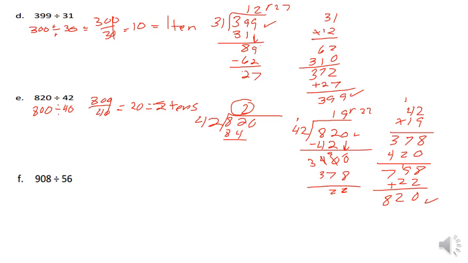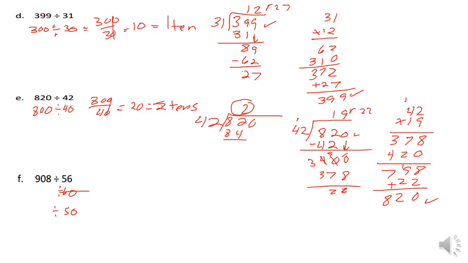Our last one's going to be a little more difficult. I can tell by this one here, if I rounded it to 60, I'm going to have a rough time finding a compatible number because I'm looking for 900. Well, I don't know my sixes that well to go up that high.